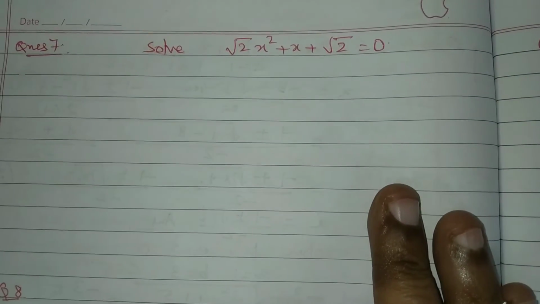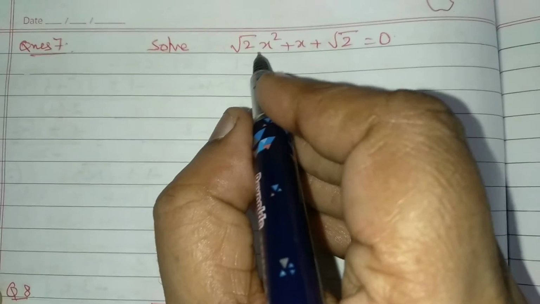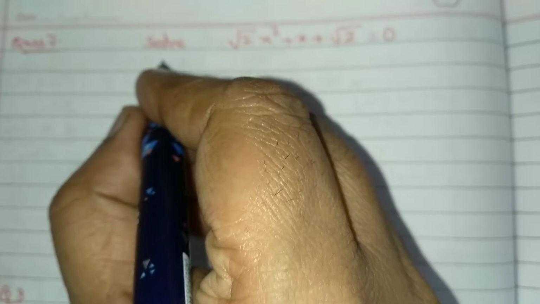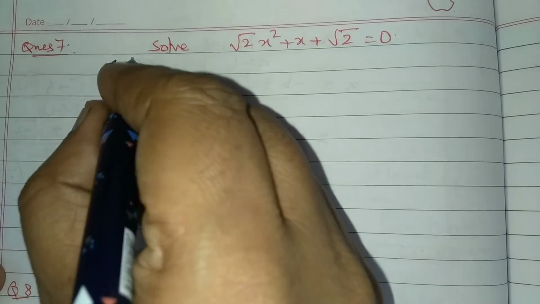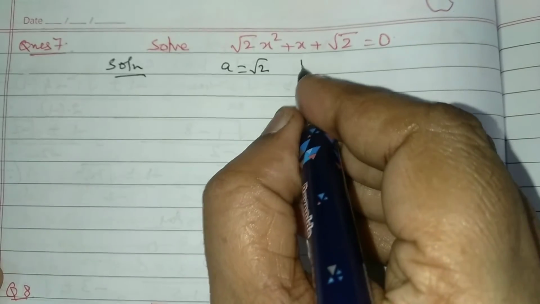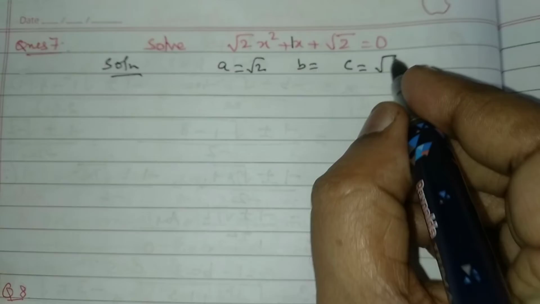Now next question is question number 7, and the question is root 2 x square plus x plus root 2 is equal to 0. So here a is equal to root 2, b is equal to the coefficient, this is 1, and c is equal to root 2.